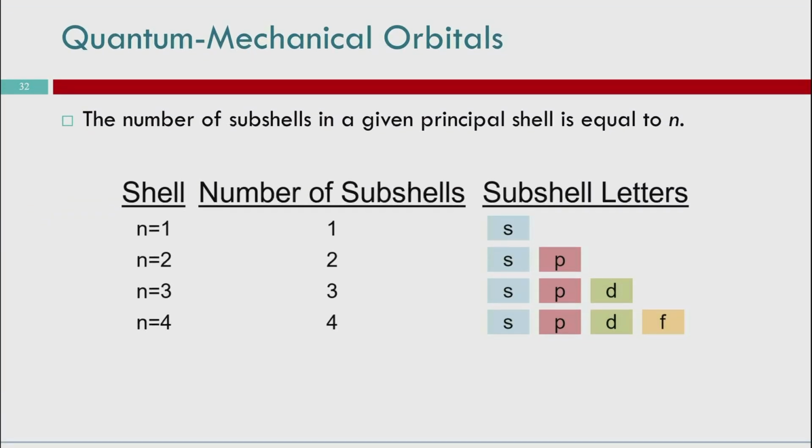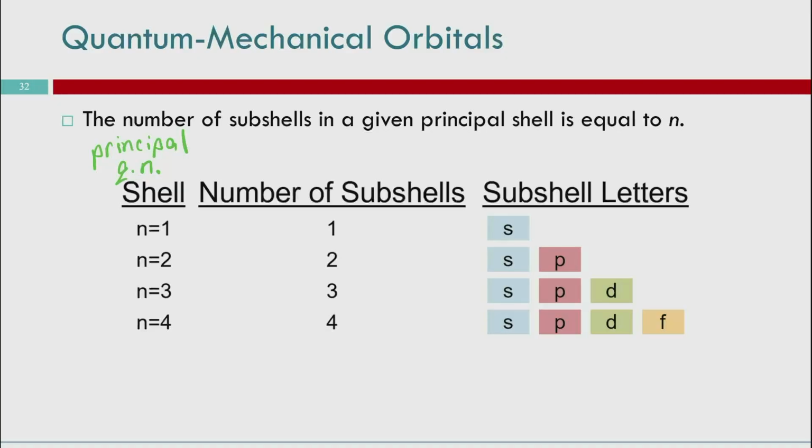A convenient tool for remembering how many subshells, how many of those letters, how many of those shapes you have in a given principal shell or principal quantum number of n is that the number of subshells is the same as that n value, at least up through 4. So in our n equals 1, our lowest energy principal quantum number, we just have our s subshell.